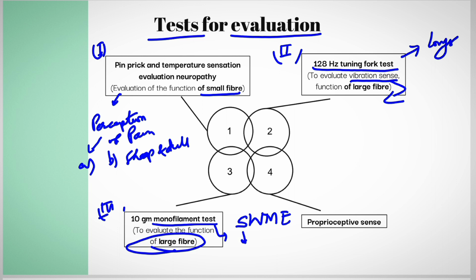In the first step we touch the skin, in the second step we bend the filament, and in the third step we lift the filament from the skin. The fourth test is to assess the proprioceptive sense.